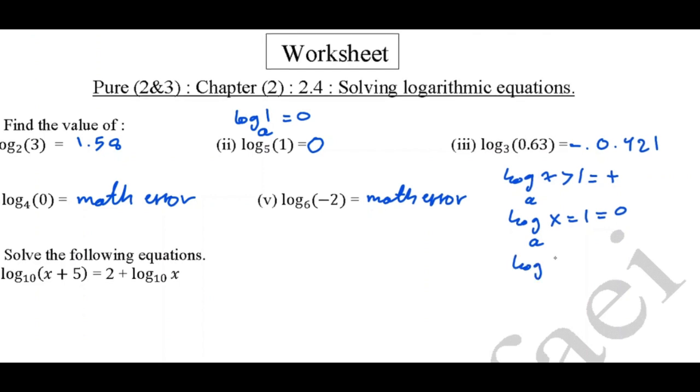Log x where x is less than 1 but more than 0, between 0 and 1, to the base a, my answer would be negative. And log x where x is less than or equal to 0 to the base a will be math error.